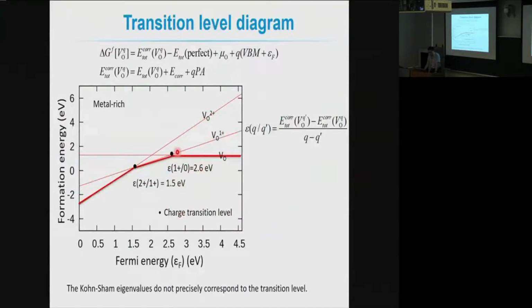So this is similar, but in general the transition level does not necessarily correspond to the defect level that you read from the eigenvalue. That's why we have to calculate this formation energy, rather than reading the eigenvalue of the defect level.